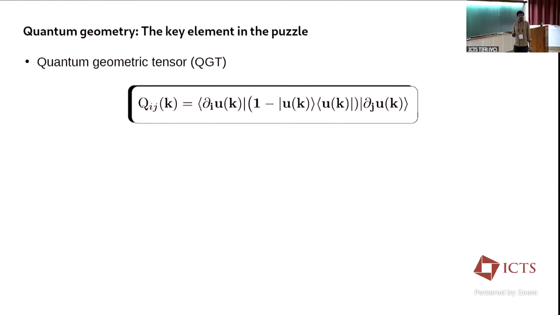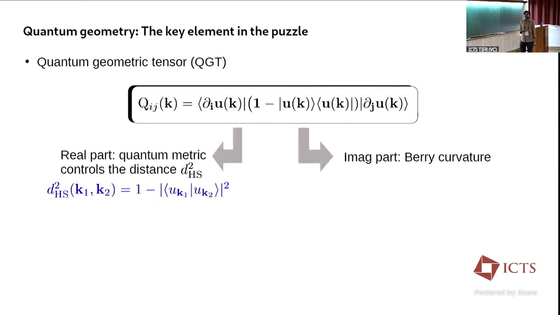I will come to that towards the end. From that, one can derive two fundamental quantities. One is called the quantum metric that comes from the real part. And the other is the imaginary part, which is known as the Berry curvature.